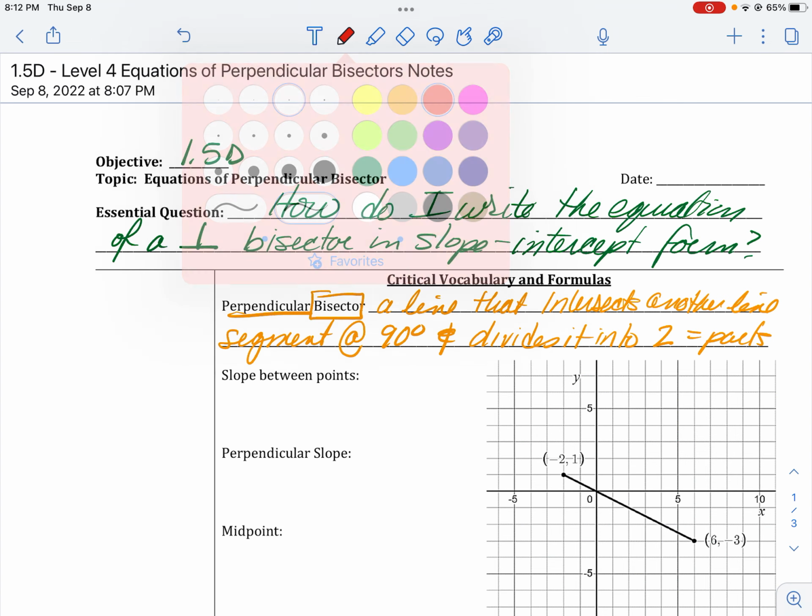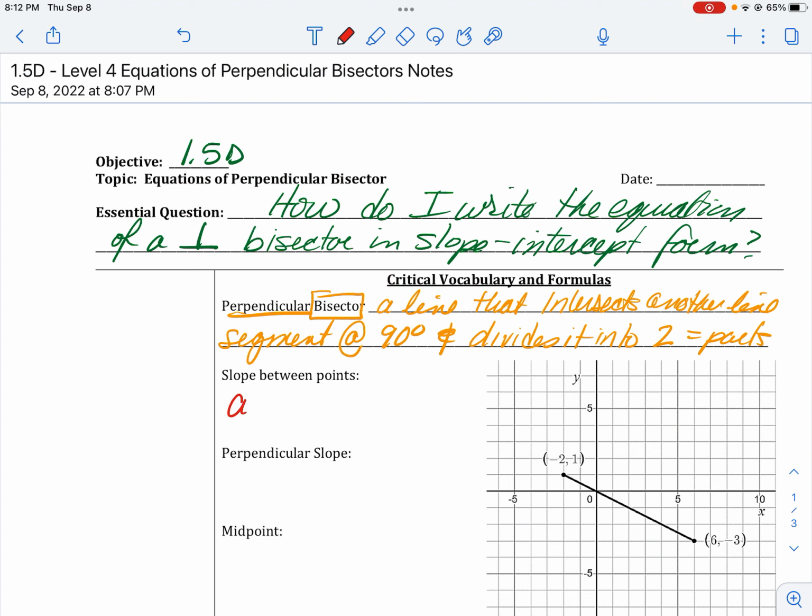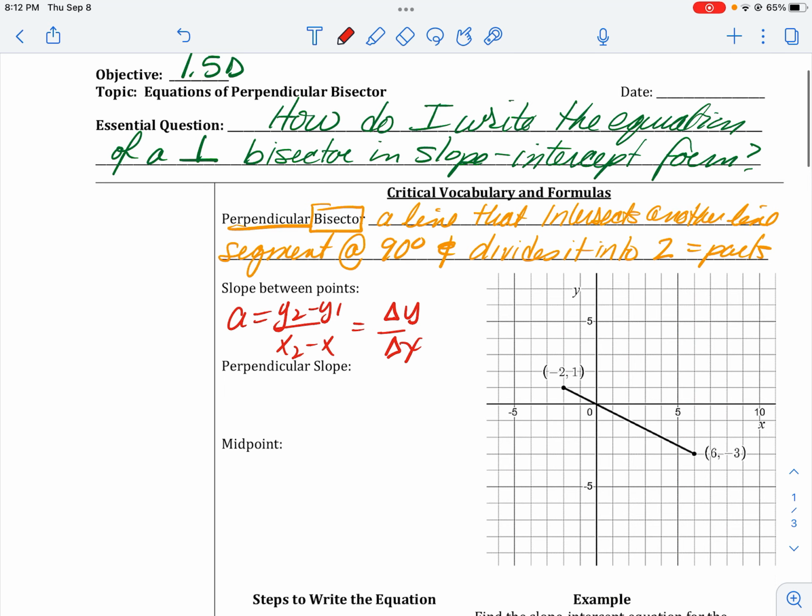Okay, more things to remember. Slope between points: a equals y2 minus y1 over x2 minus x1. We call that delta y over delta x. Perpendicular slope is the negative reciprocal slope.